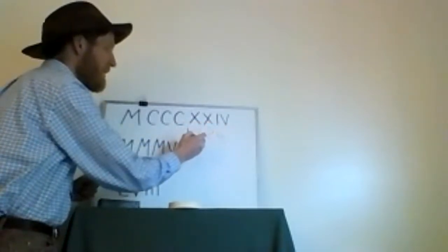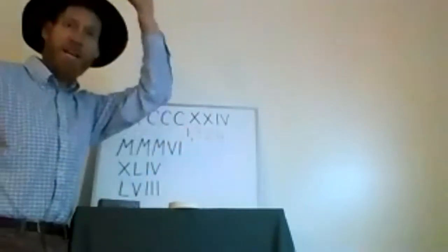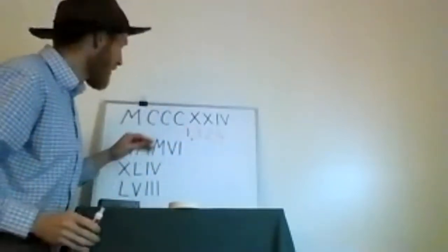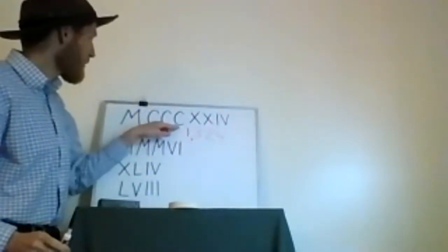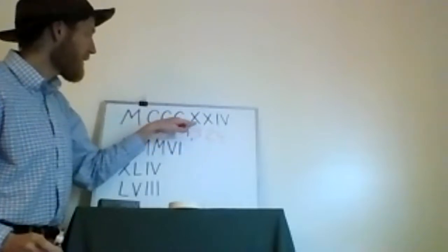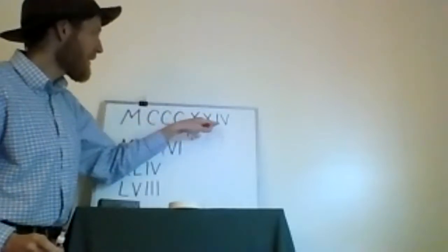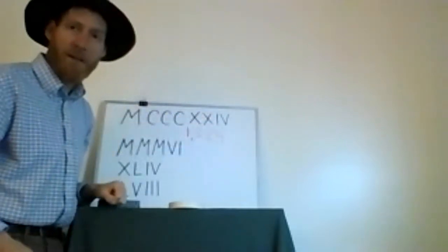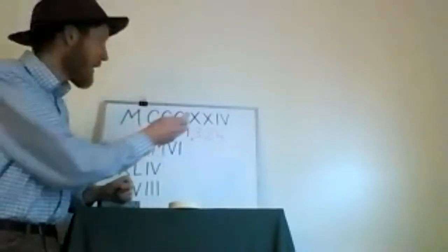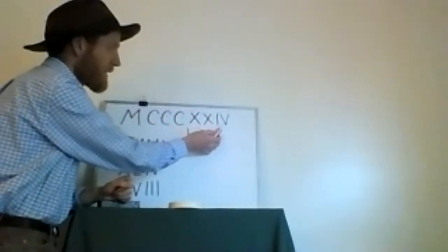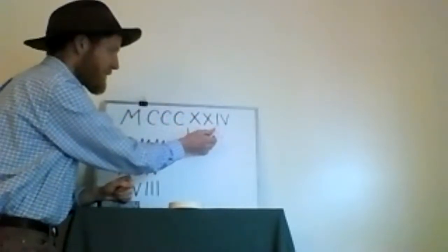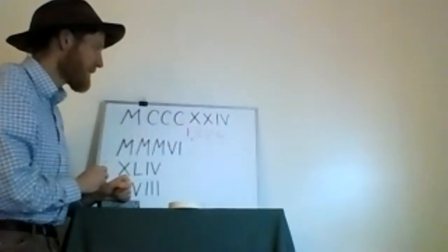Put my comma. Who got that one right? Raise your hand, nice and high. 1,000, then 300, then 20, and then 4. 1 in front of these 4 because we subtract. A lesser numeral preceding a larger numeral, we subtract like that.